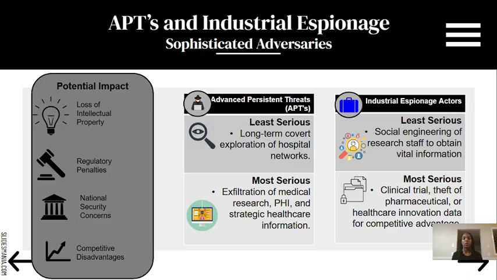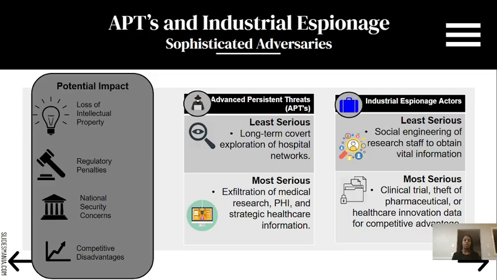Our next threats would be advanced persistent threats, or APTs, and industrial espionage actors. The least serious threat that an APT can cause would be long term covert exploration of hospital networks, while their most serious threat could be exploitation of medical research or healthcare information.